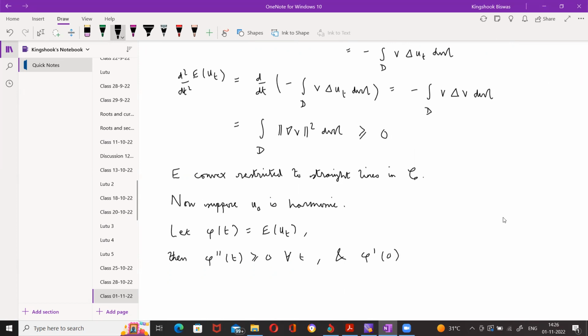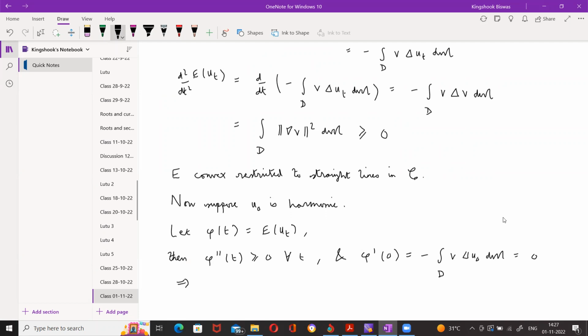And phi prime of 0, that's the derivative of the energy at t equal to 0, is equal to minus the integral of v times the Laplacian of u naught. So if we assume that u naught is harmonic, then this is 0. So phi prime 0 becomes 0, and phi double prime is greater than or equal to 0.